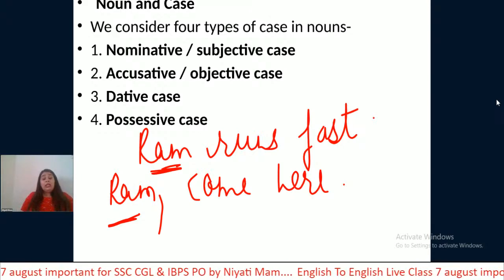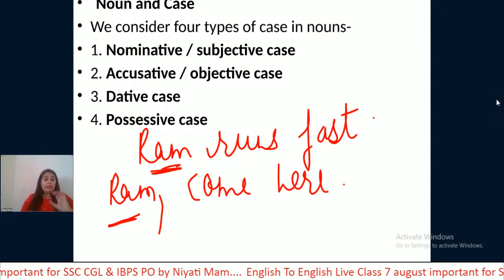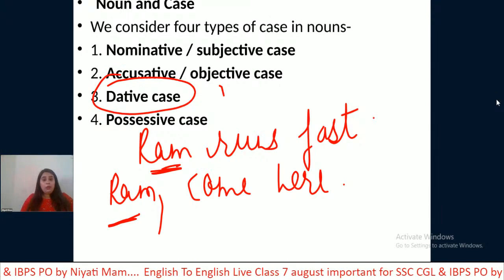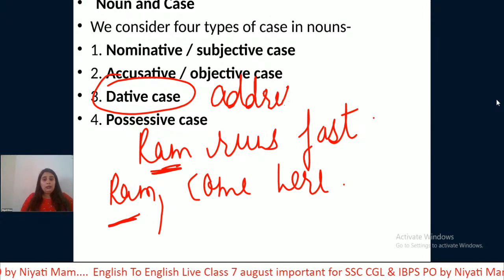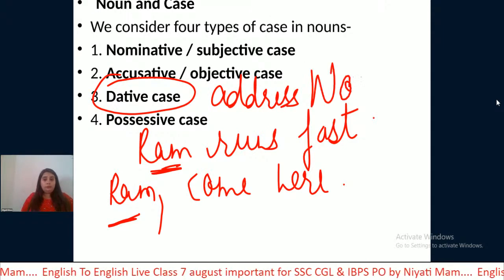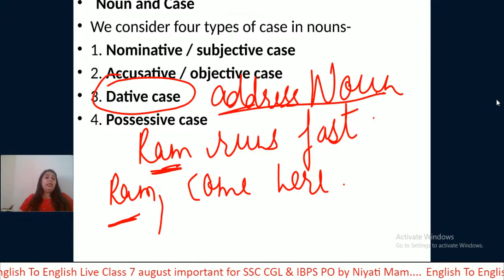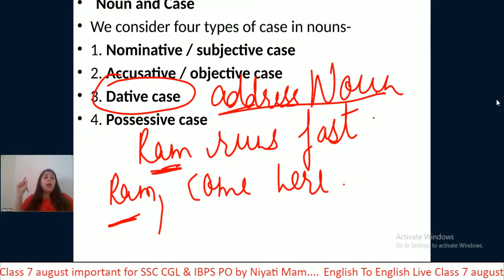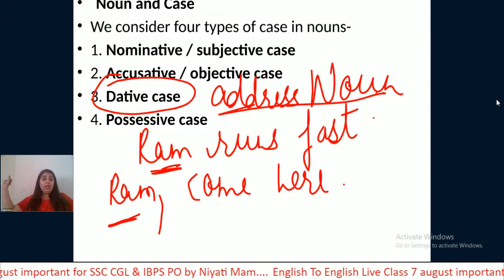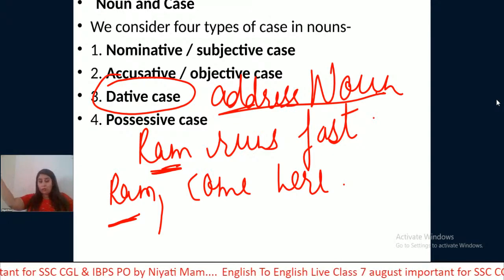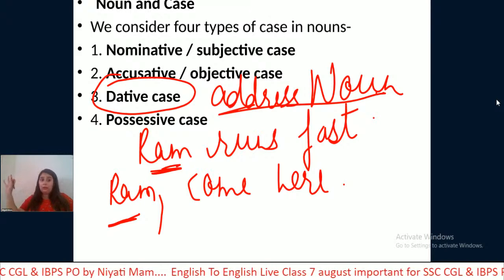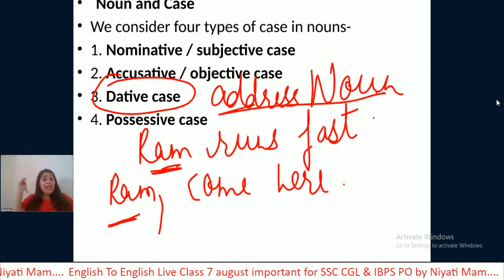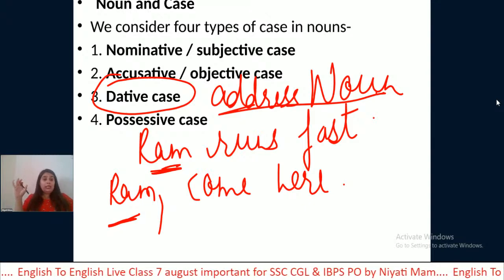See, there is a word called address. Dative case means when you address a noun. When you call a noun by his or her name, when the noun is present in front of you and you call him or her by name, then that particular case is known as dative case.